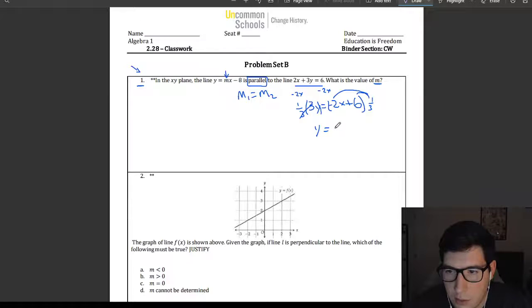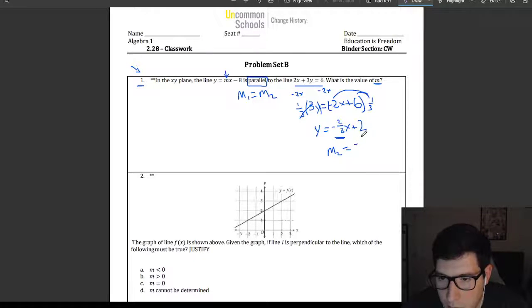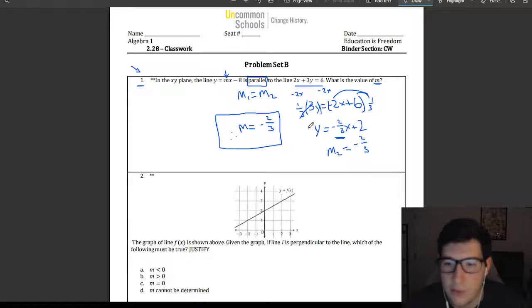So I'm going to have that y is equal to negative 2 over 3 x plus 6 times 1/3, which is actually just going to give me 2, which is perfect, a nice whole number. So from here, I have my slope now, right? I have this negative 2/3 value. So I know that m2 is equal to negative 2 over 3. Therefore, it stands to reason that m has to be equal to negative 2/3, because these lines, as we said in the problem, are in fact parallel.